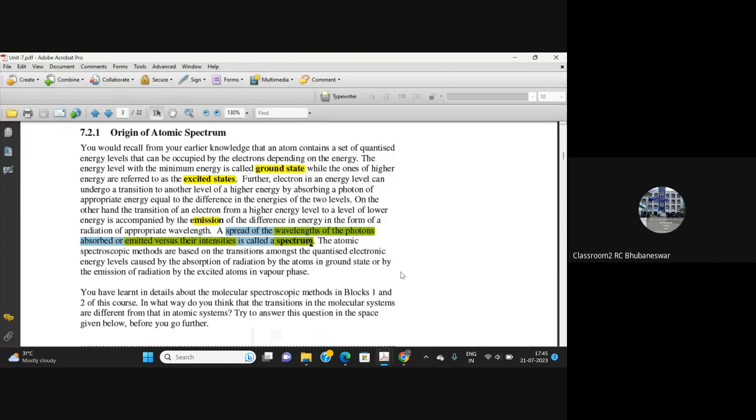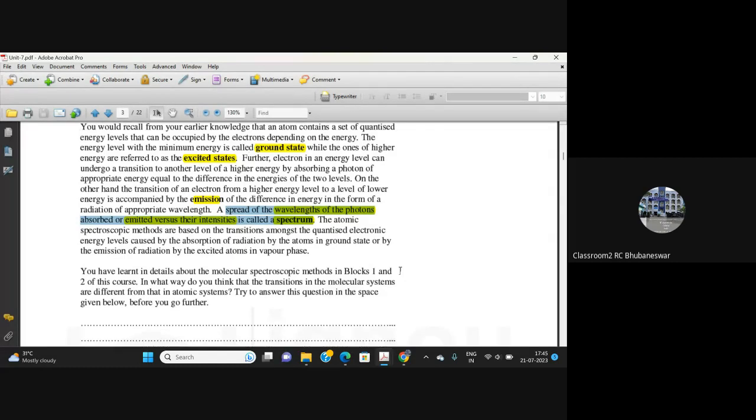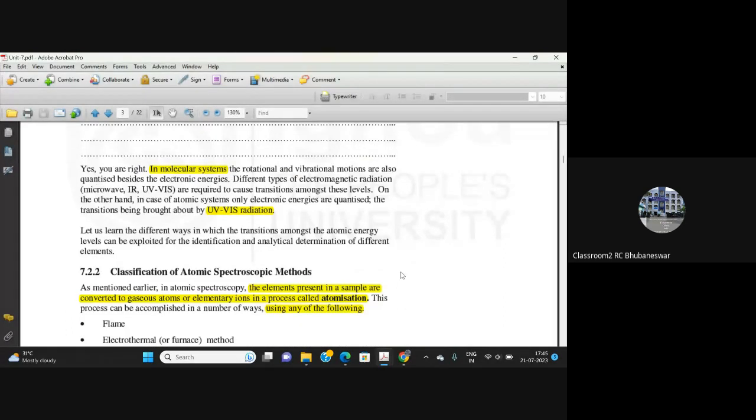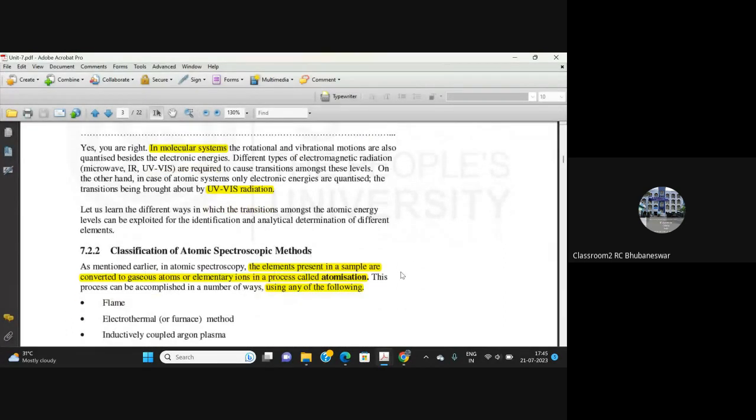Here also you are going to get everything as such, but remember that since the energy levels are quantized, you are not expecting broad peaks, rather you are expecting sharp lines or sharp peaks, provided there is no Doppler effect or other effects coming into the discussion.